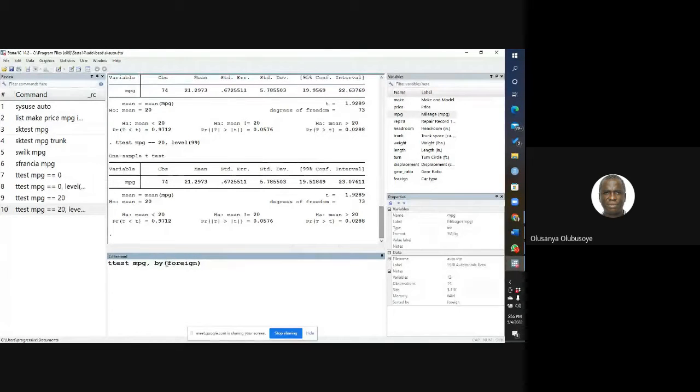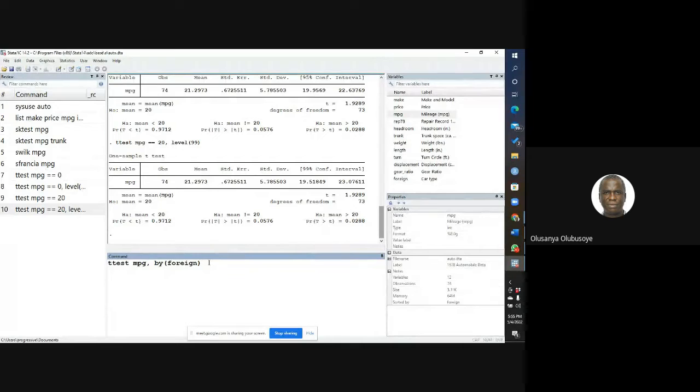So this is the command. This is the variable that you are testing, which must be measured on a continuous scale. But if you have a grouping variable, it allows you to compare the population means of the two groups.